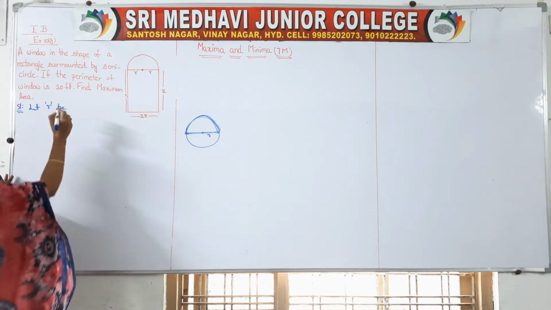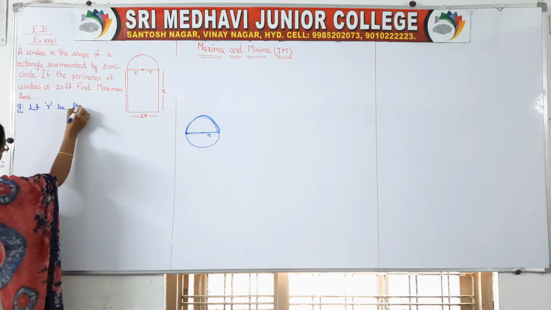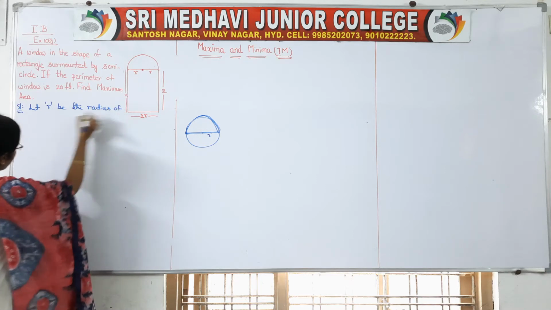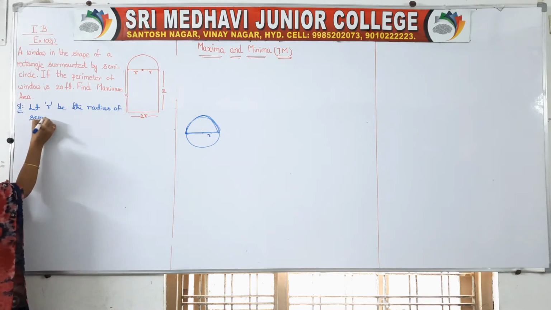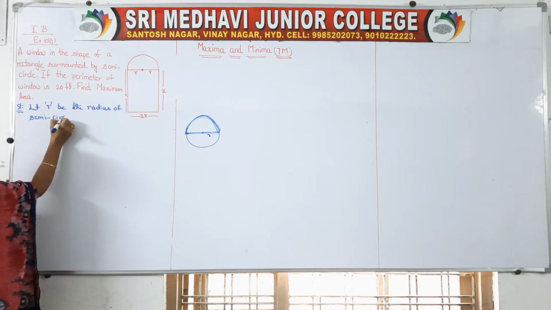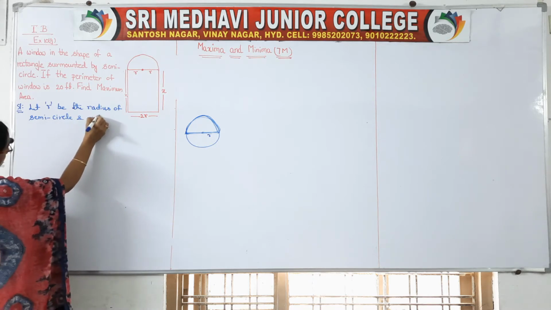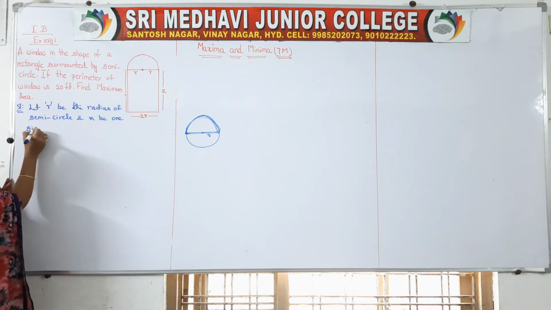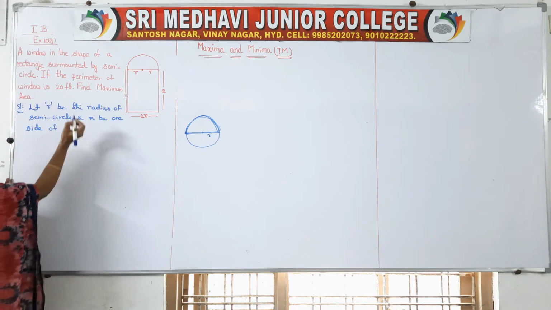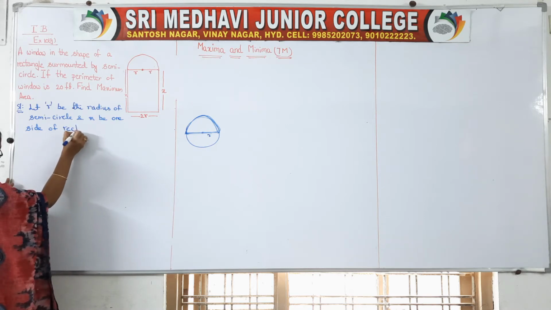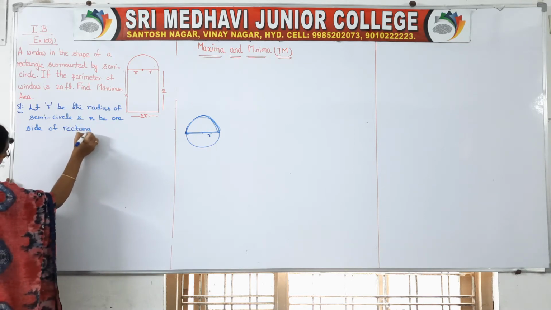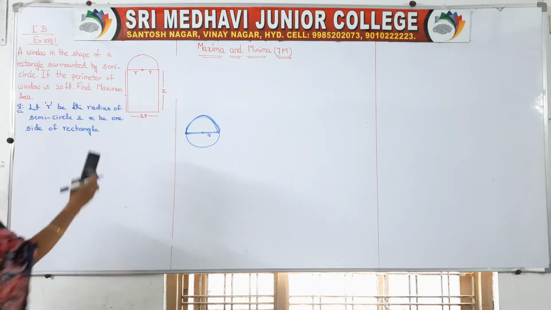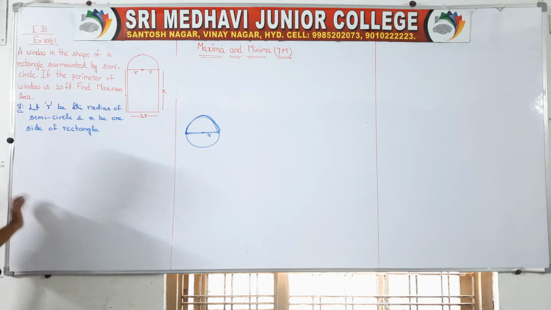So let R be the radius of the semicircle, and X be one side of the rectangle.